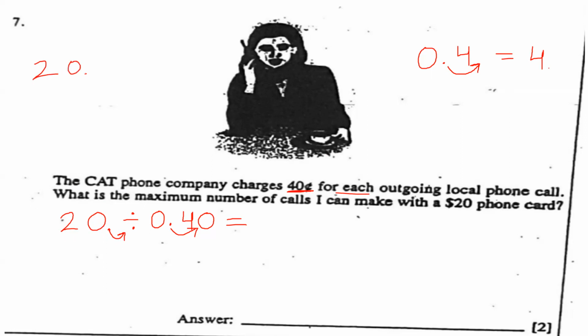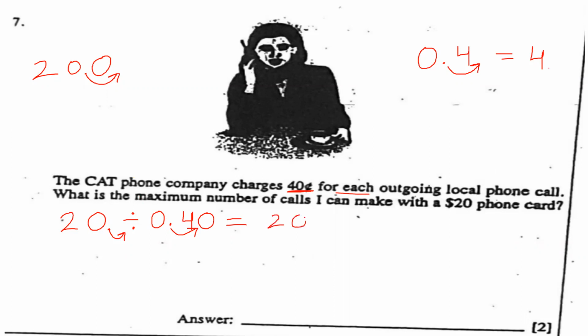If we move the decimal place over, that leaves you with open space, so this becomes 200. So now 20 divided by 0.4 is the same thing as 200 divided by 4.